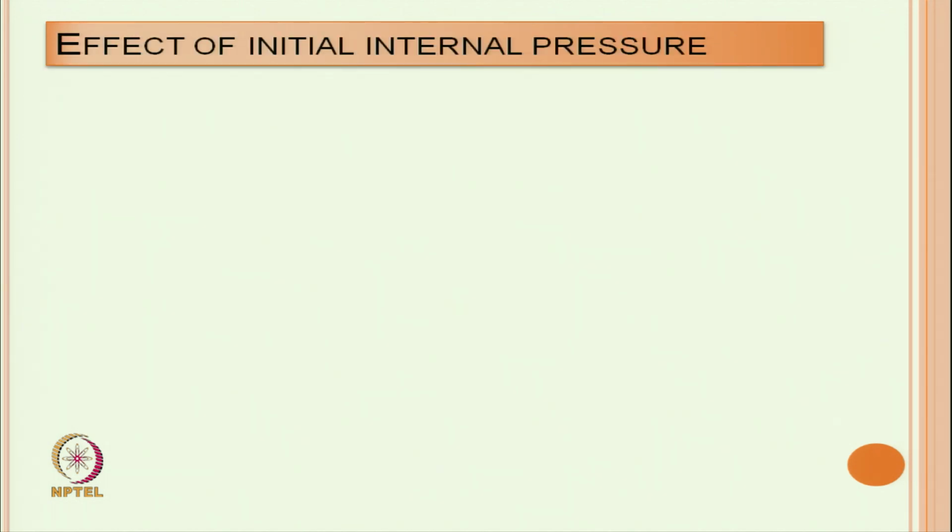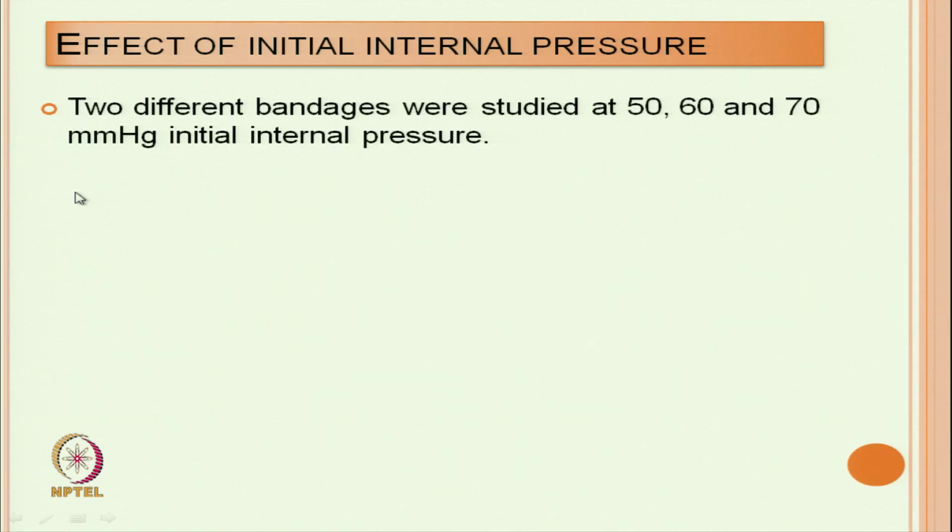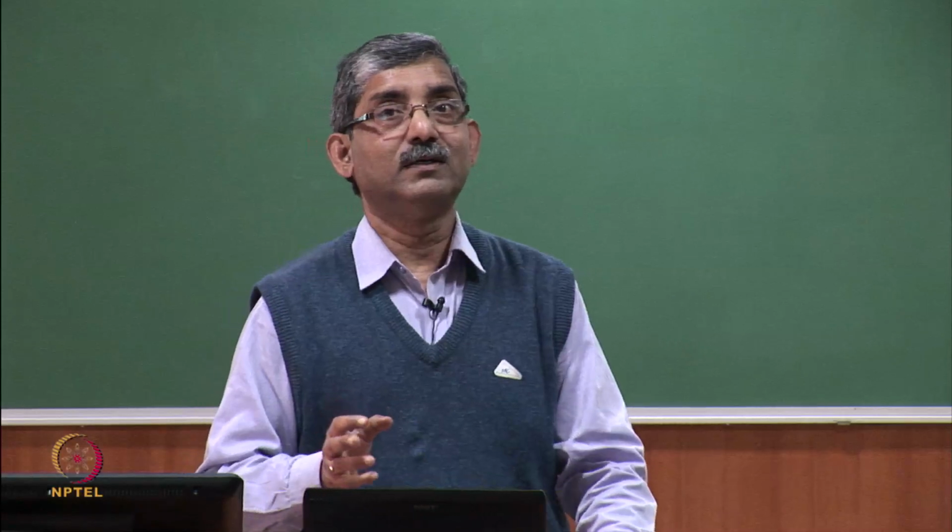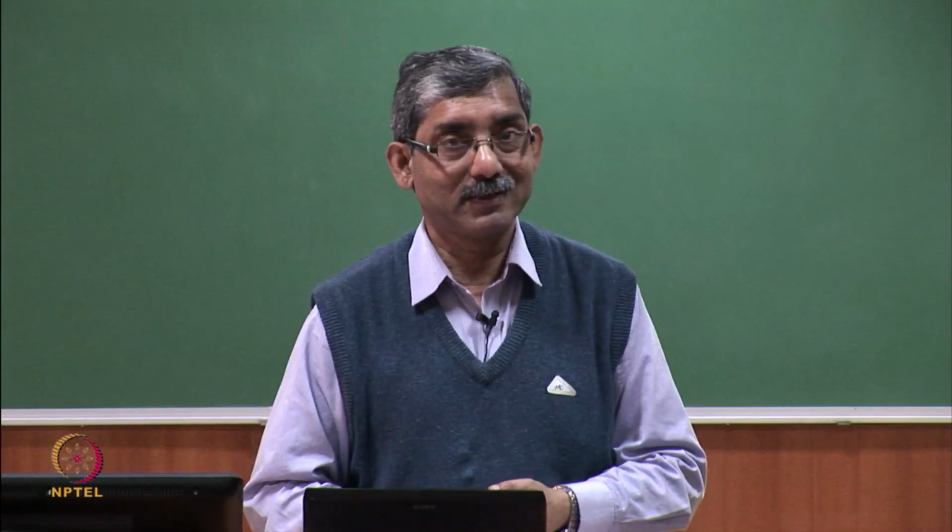Effect of initial internal pressure, that is done by changing the tension. Okay. So, two different bandages were studied at 50, 60 and 70 millimeter Hg of internal pressure. Internal pressure means it shows the limb hardness.